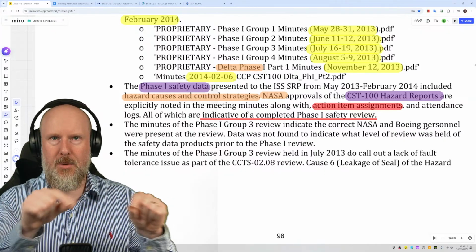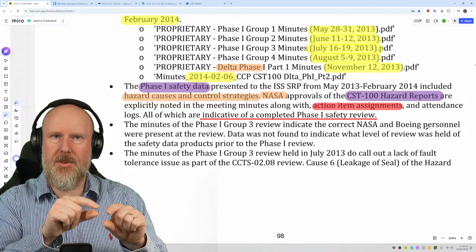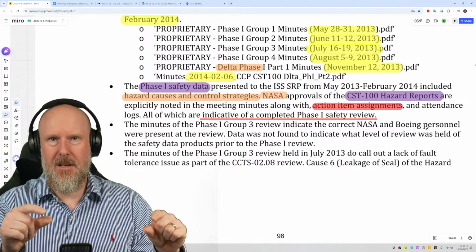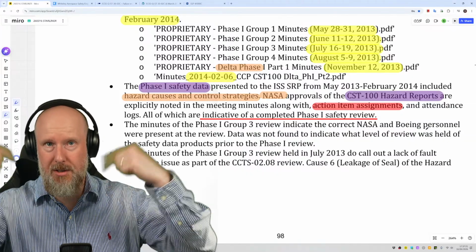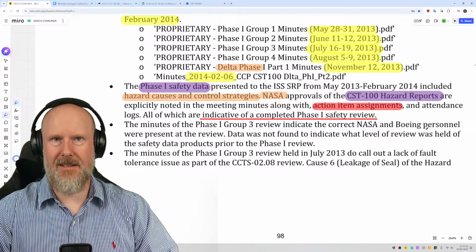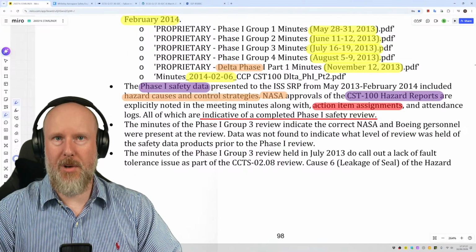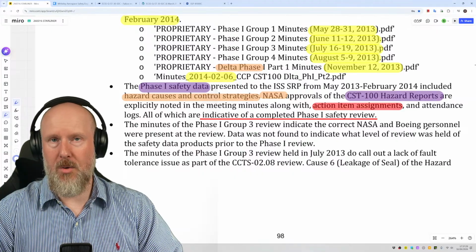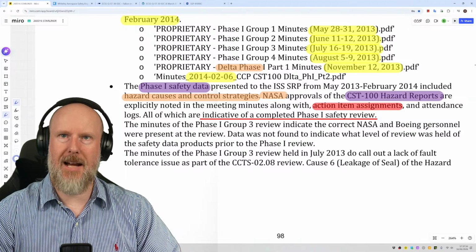For example, the Phase 1 safety review is complete because we have a set of hazards and a set of safety constraints, and they have been included in the engineering requirements set, and those requirements have been fulfilled as part of the preliminary design, or if there are any gaps, these are what the gaps are, and these are the actions to close those gaps.